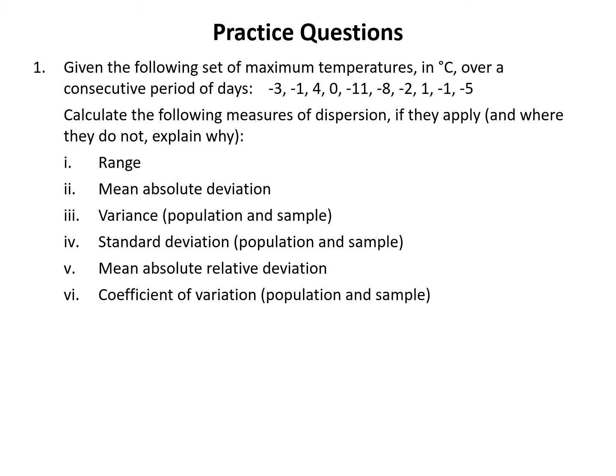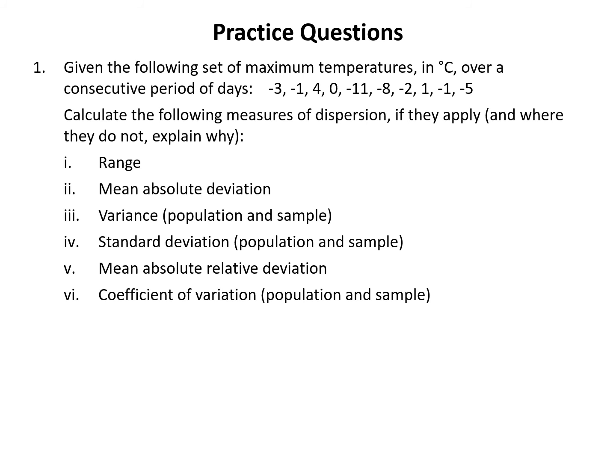The following is a set of 2 practice questions meant to provide a review of the material covered in this lesson. In question 1, we're given the following set of maximum temperatures in degrees Celsius over a consecutive period of days as follows: -3, -1, 4, 0, -11, -8, -2, 1, -1, -5.